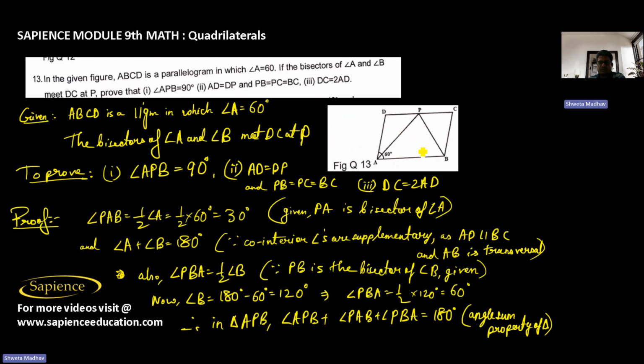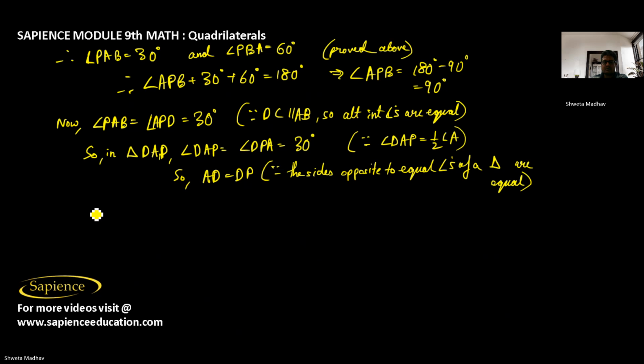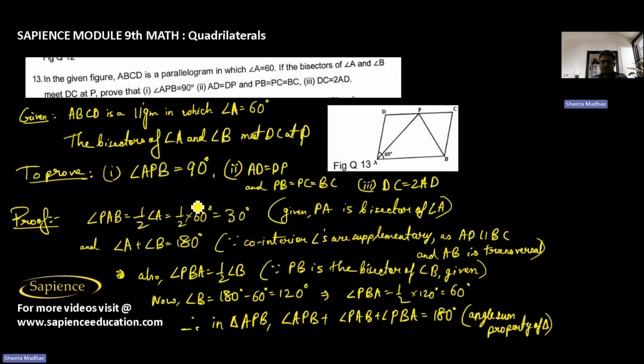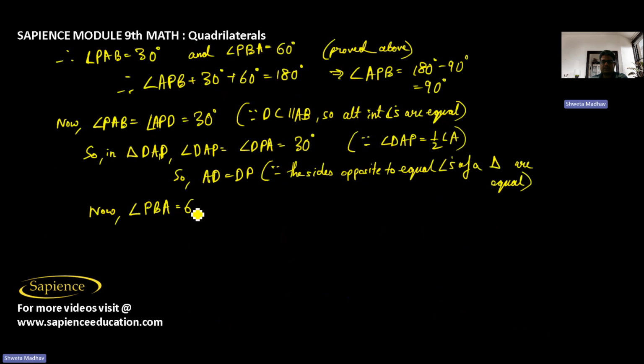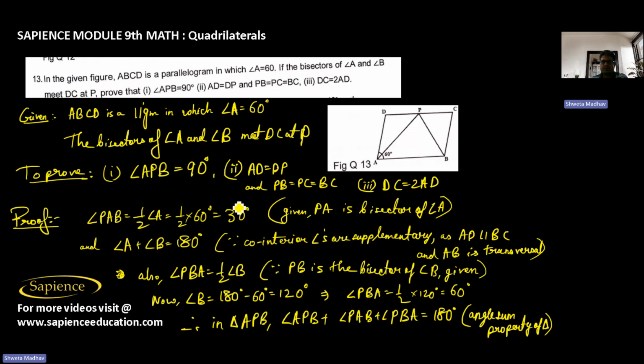And PB, we have PB equals PC equals DC. So let's see, angle PBA is equal to 60 degrees, which we have proved above.